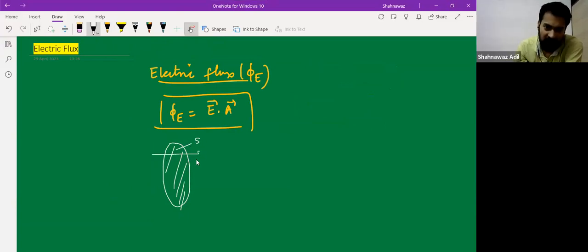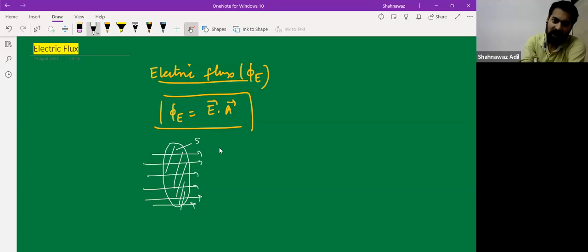And some electric field lines are crossing like this, right? So the total number of electric field lines crossing through the area is called the flux. This is electric flux.